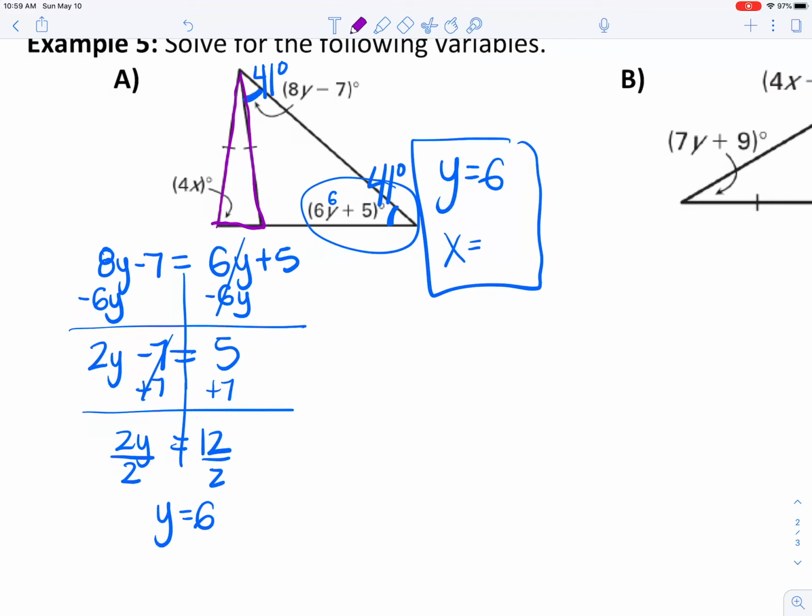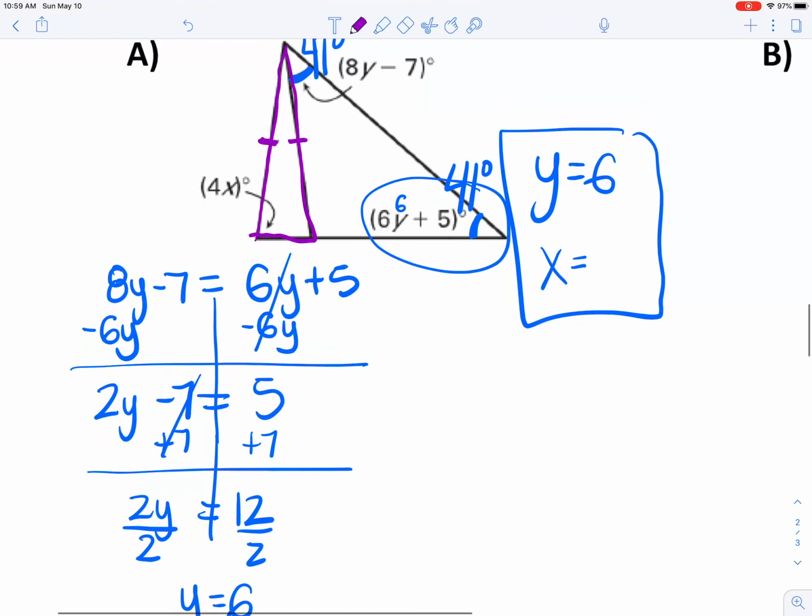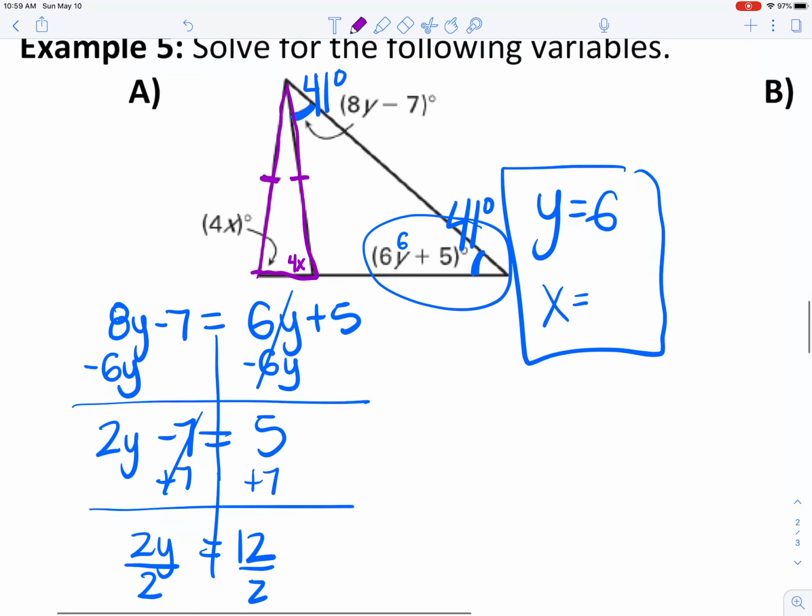Now I'm going to look at that other triangle. Here's this purple triangle, and it tells me that these two sides are the same. So, I'm going to think to myself, that's an isosceles triangle, so if this base angle on the left is 4x, that means that the base angle on the right is 4x. Okay, and now let's see, does that help me out knowing that these two angles are 41?